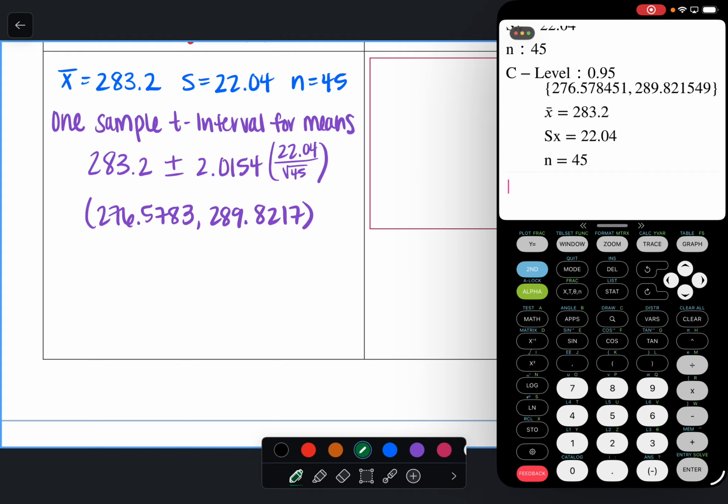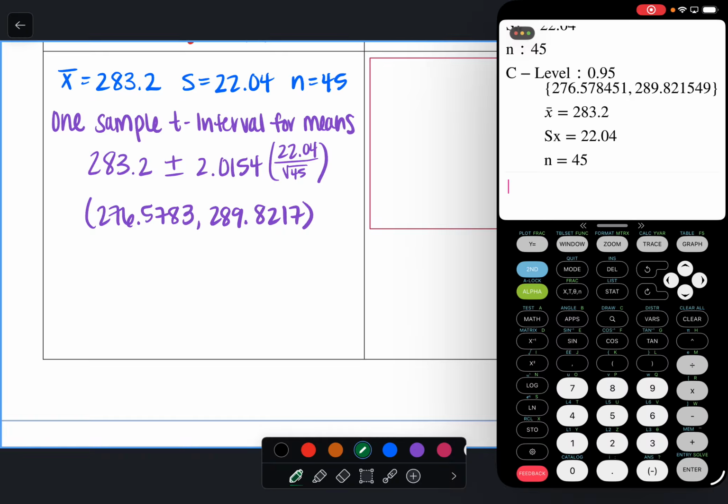My recommendation, you have to write the name, so one sample t-interval for means, and then I would write everything that the calculator gives you. The reason why I say this, if they can see, okay, their interval is way wrong, I don't know what happened, but they look at what you wrote underneath it, and for some reason, maybe you accidentally typed in 220.4 and not 22.04.